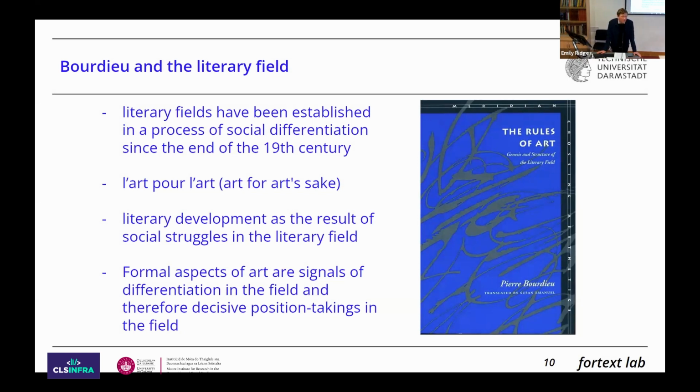Bourdieu assumes that the literary world, as we know it today, was established towards the end of the 19th century, and Bourdieu speaks about the constitution of the literary field with relative autonomy. What is literature and what is good literature is from then on largely defined by the players in the field themselves.